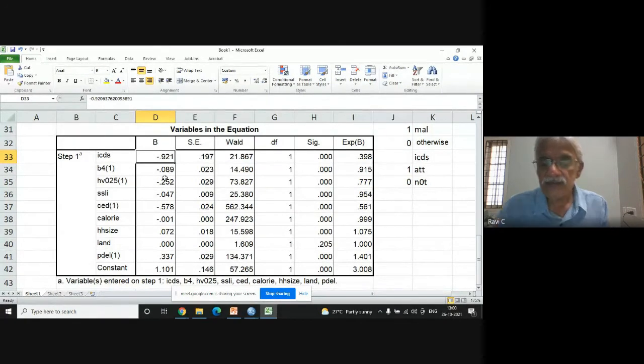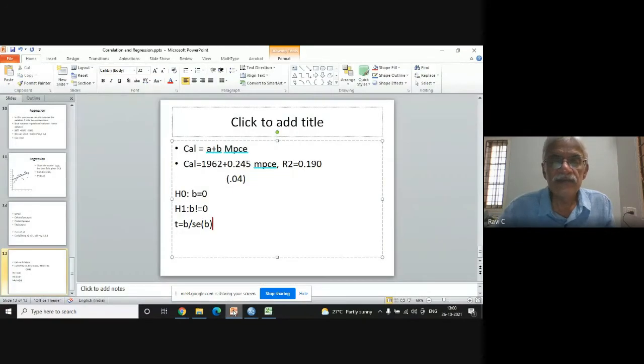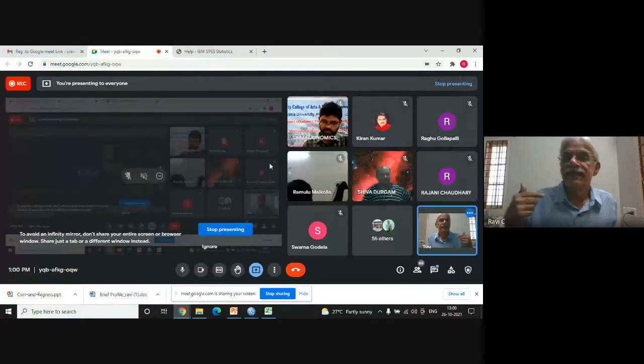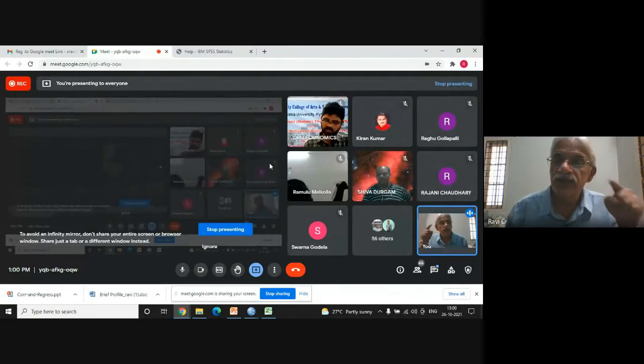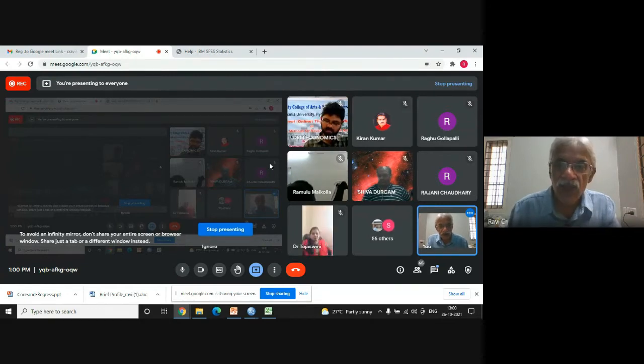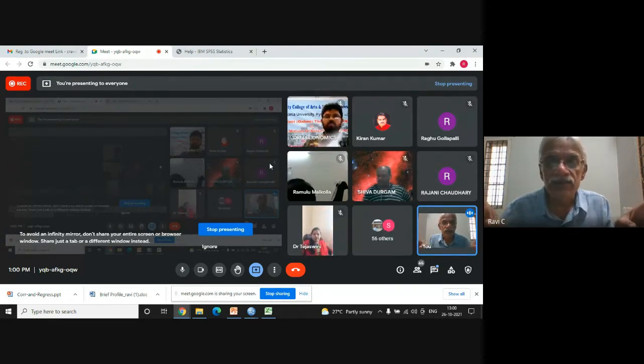What does it mean? It says the probability of the child getting malnourished increases if the child is attending ICDS. That is counterintuitive. But we can see why later.